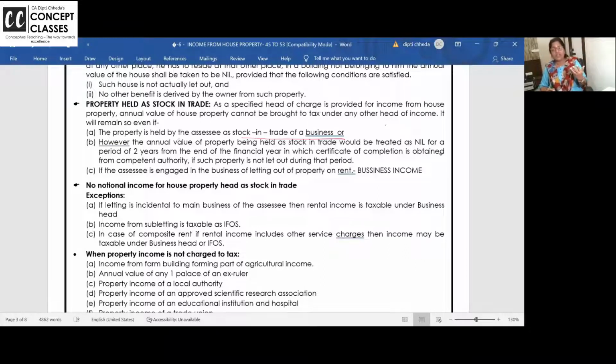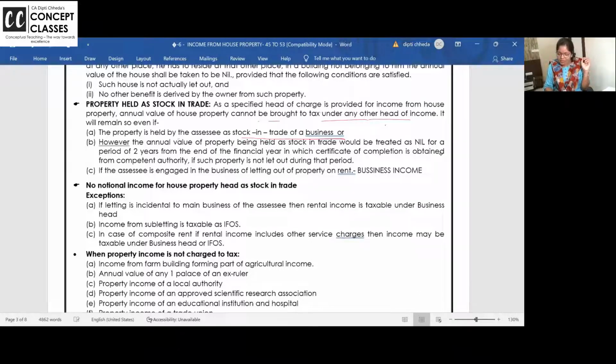You know what is stock in trade? It's like goods for me. Building khareedna, bechna is like opening stock and closing stock with me. Then also, if rental income is derived, it's taxable under income from house property.